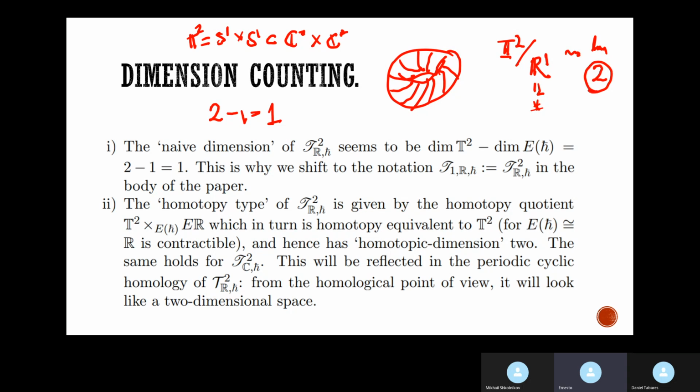But if you start doing homological algebra, Hochschild homology, all sorts of these typical invariants that you would compute, they would be comparable with the dimension counting of two, not with the dimension counting of one.